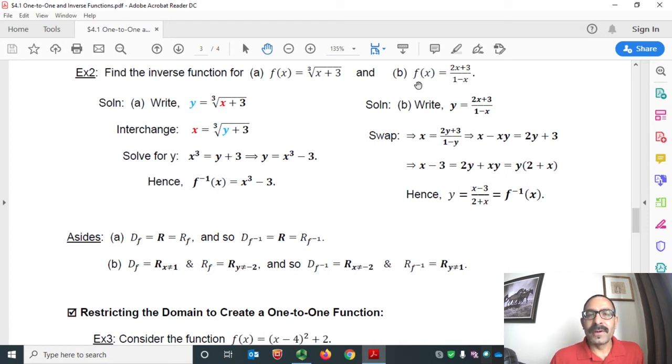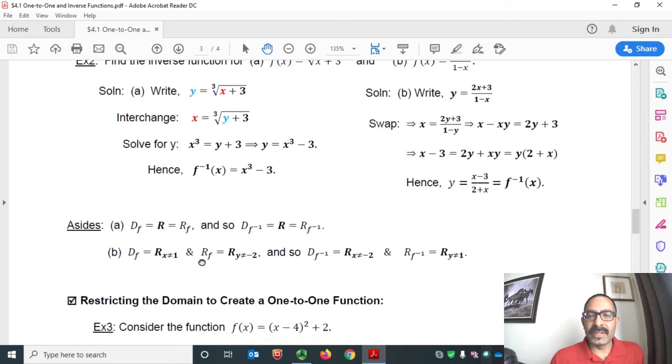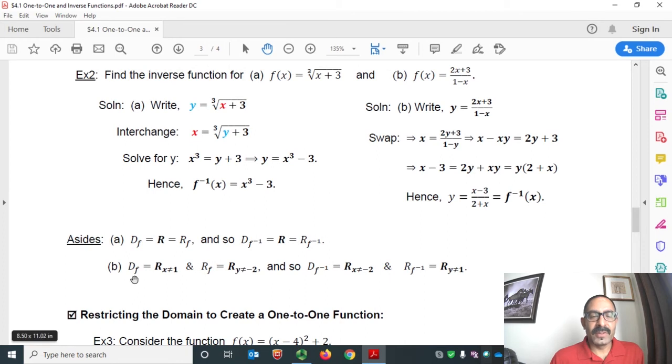How about the function in part B? Here is the domain for this function in part B. This is everything but not x equals 1, so I need to avoid x equals 1. So the domain of f in part B is everything but not 1, and the range of f is all the y values, everything but not equal to minus 2.